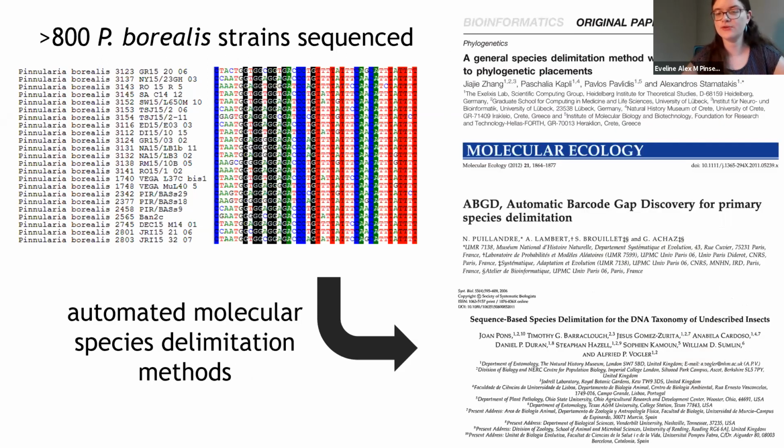So there is a whole bunch of literature, mostly developed on macrobiota, where people have designed methods to automatically delimit species in sequence data. So they can use these methods, use your alignment, they use your phylogenies, so they can use different sources of your data, in all cases molecular data, and they will try to assess species boundaries automatically. And these methods, they have been used really widely on macrobiota.